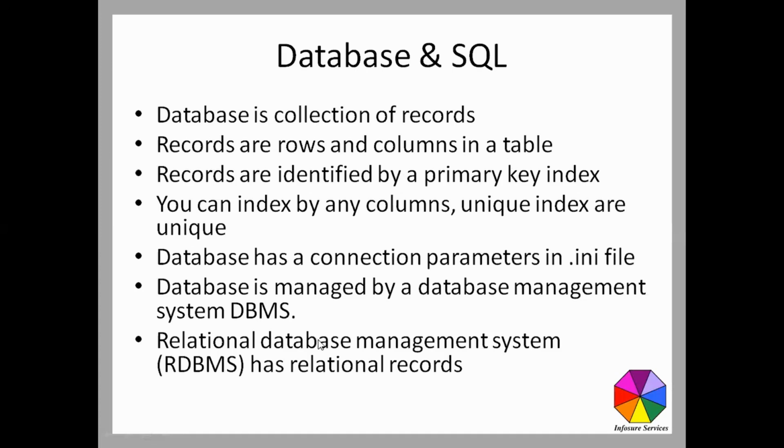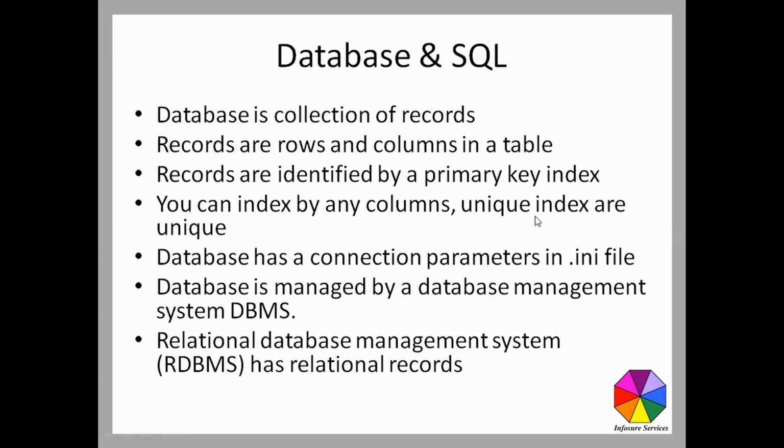So typically we have a relational database management system. So database management system can be relational. That means information in one table can be linked to another table. The employee table having all the employee number, employee name, department, and all that can have a relationship with a department table.